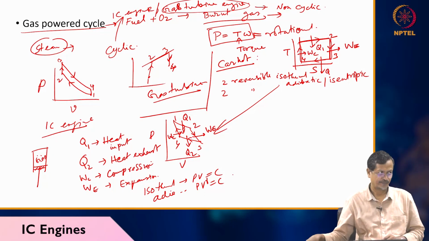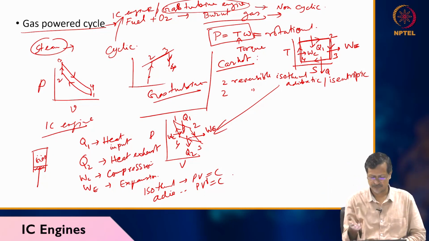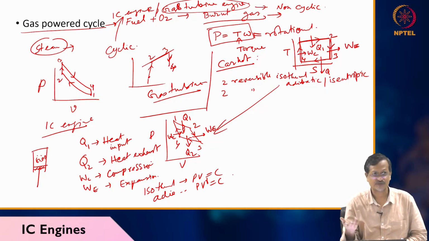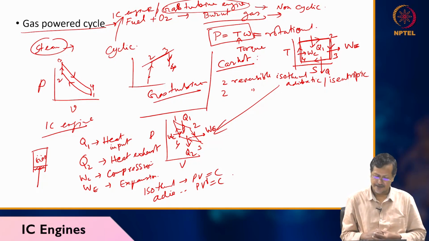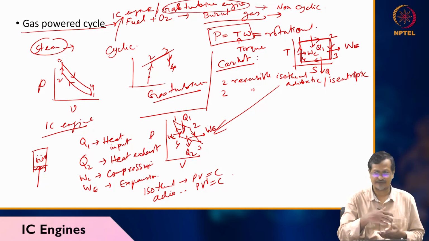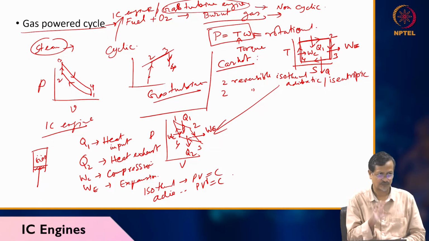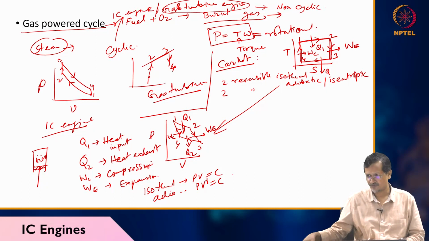So isothermal: PV equals constant; adiabatic: PV to the power gamma equals constant. At a later stage, when people got machinery to compress things much faster, they produced this formula, PV to the power gamma equals constant. Boyle's law applies to a very slow process and low pressure application, not too high pressure. At that time he did not have a system with very high compression. So very low compression and slow speed is what Boyle's law is used for. There is a limitation of Boyle's law.